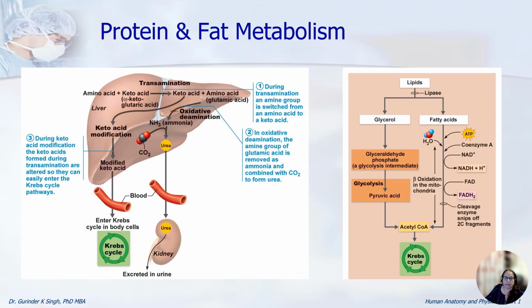All right, so now let's look at what happens after the body absorbs the amino acids or the fats. Remember, sugars can be utilized as such by cells to generate energy. But what happens to the amino acids?